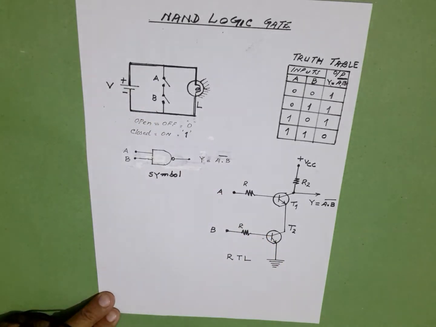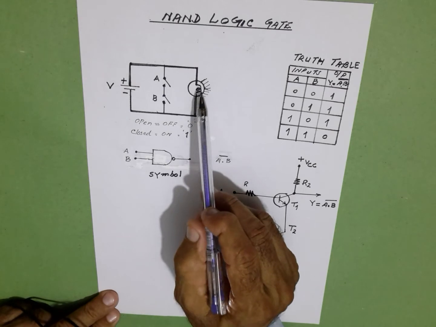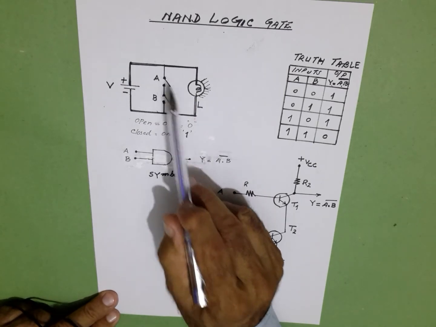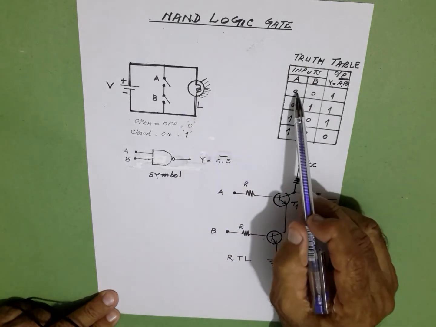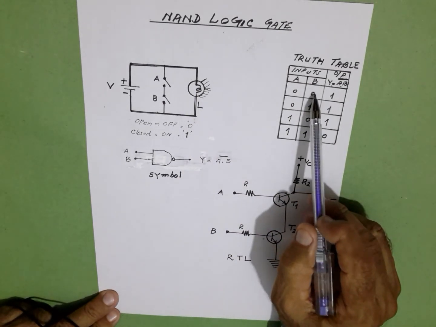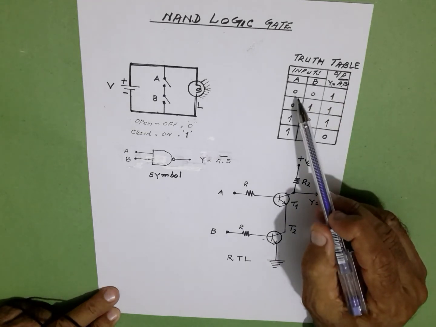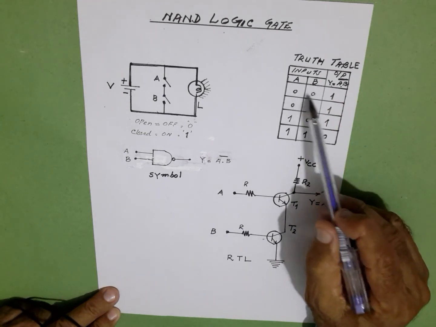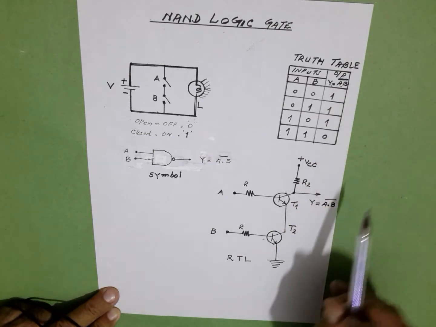This is an electronic current, and the lamp glows when both switches are open. This is the first combination. When A is open, B is open, we can say logic 0, when A is logic 0 and B is logic 0, the output Y is logic 1.